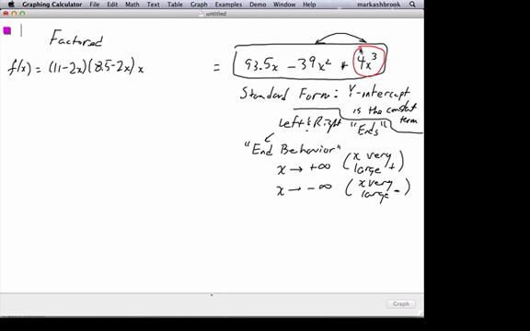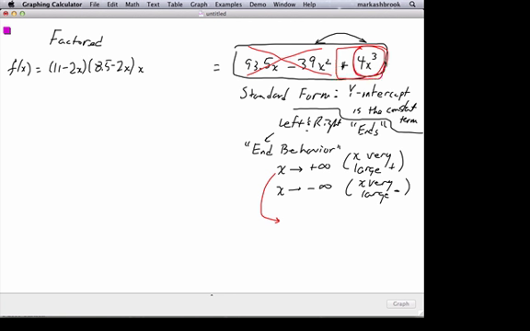So the point is that for very large numbers, your leading term will always be much, much greater than the rest, to the point where these just disappear. They're like 0. So we can analyze the end behavior by just looking at the leading term. Does it make sense?